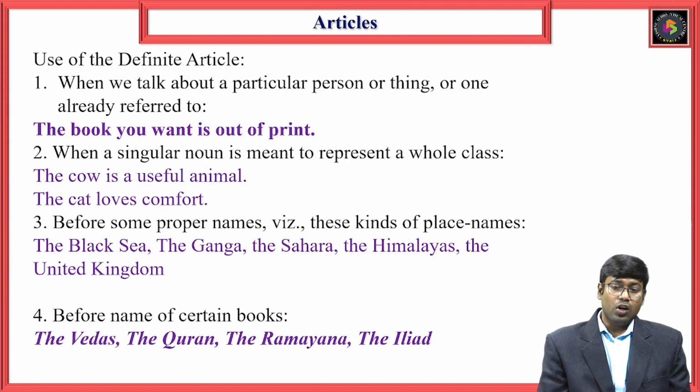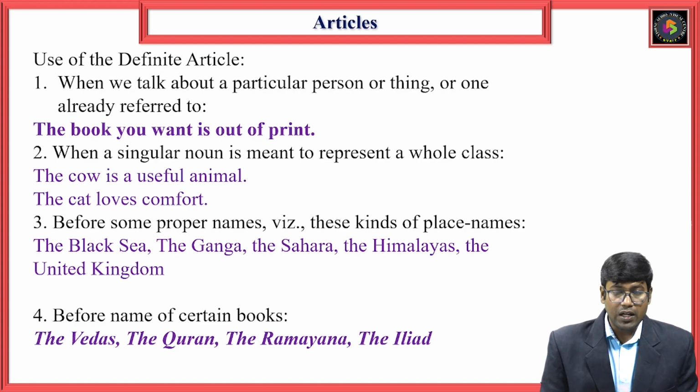So for the use of the articles, I have listed some uses, starting with the definite article first. We use the when we talk about particular persons or things already referred to. You can understand from this sentence: the book you wanted is out of print. So the book, which book?